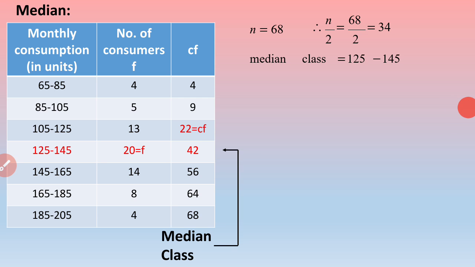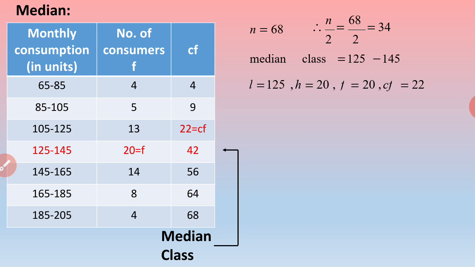Then corresponding to it will be your median class. So now, by now you have generated the median class, that is 125 to 145. Corresponding to it is our frequency, that is 20, and CF is preceding it, so 1 above it. So CF comes out to be 22 in this case.